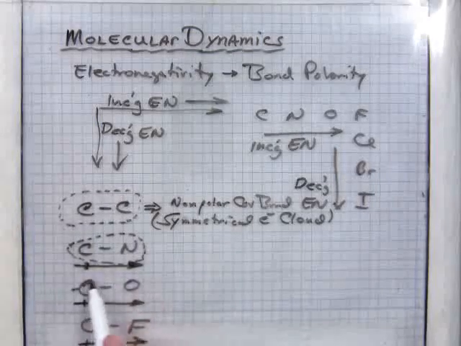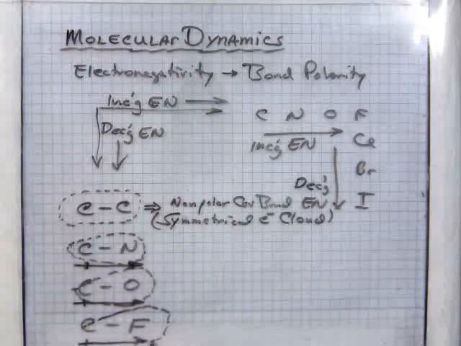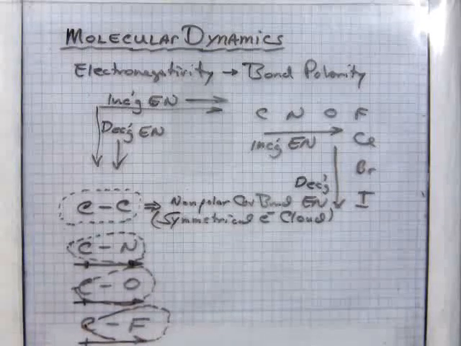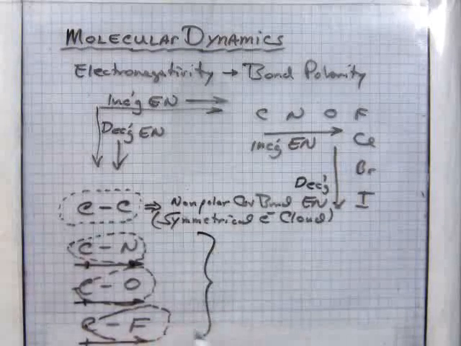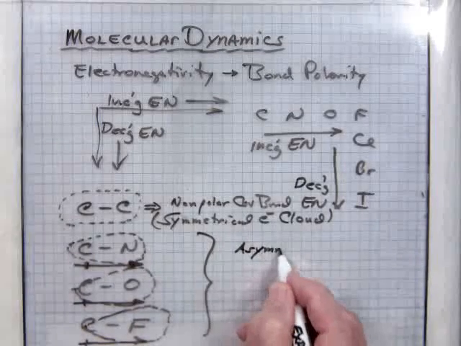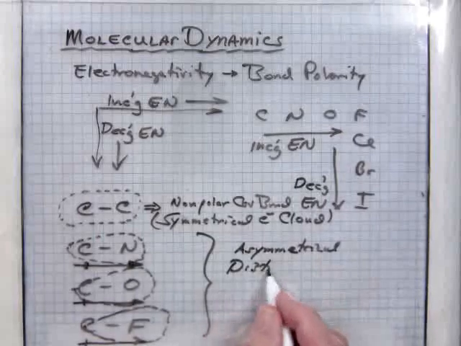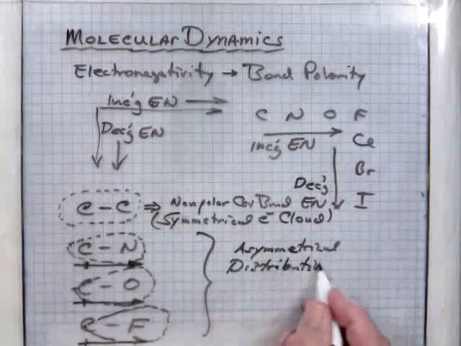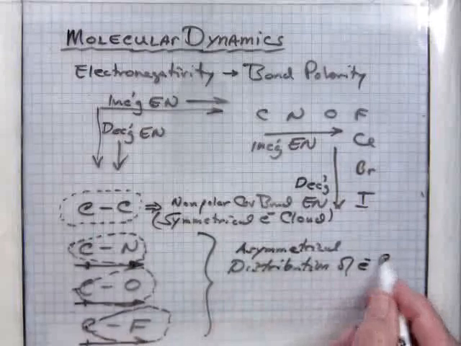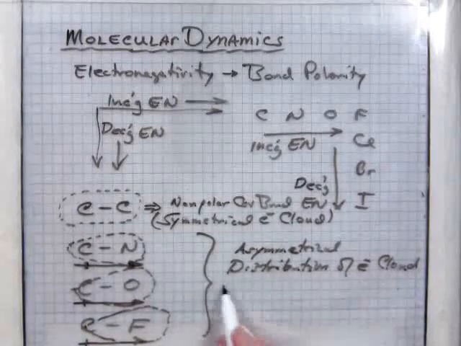It gets even larger as we go down, and there's very little left over carbon in this. So these are now unequal, or asymmetrical, distributions, and they are polar covalent bonds.